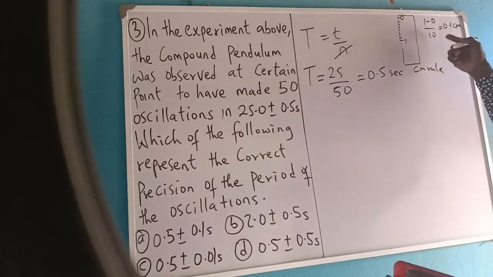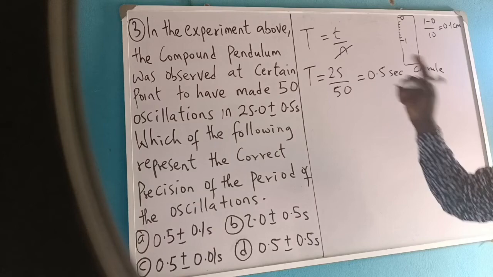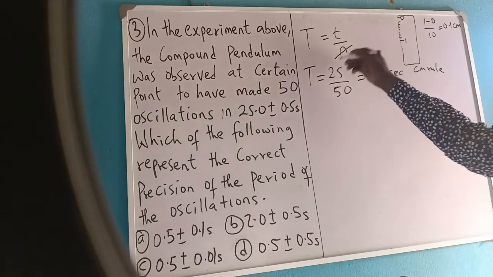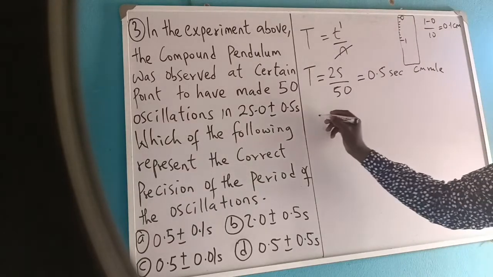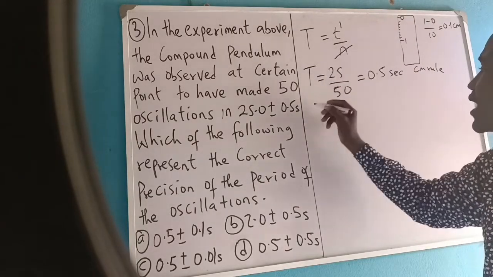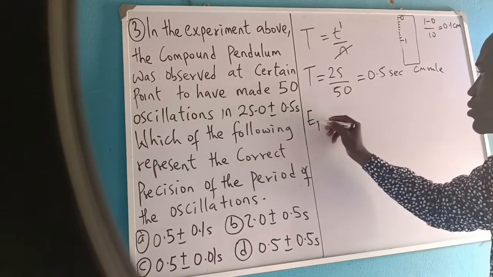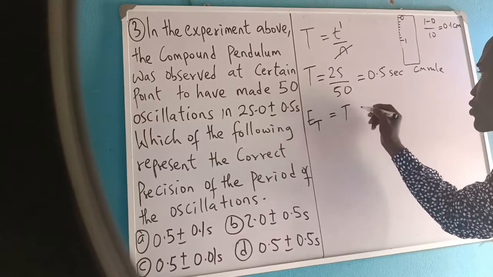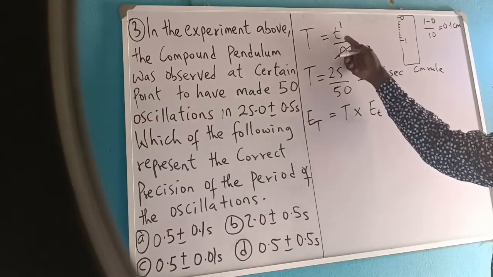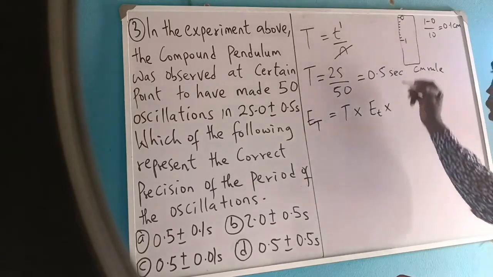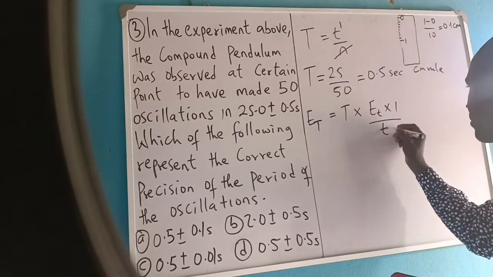But here there is no measuring instrument for getting your number of oscillations. So I will cancel it. Only t will remain, and the power of t is 1. I will say the error in getting my period is equal to the period times the error in getting the time times the power, all over the time itself.